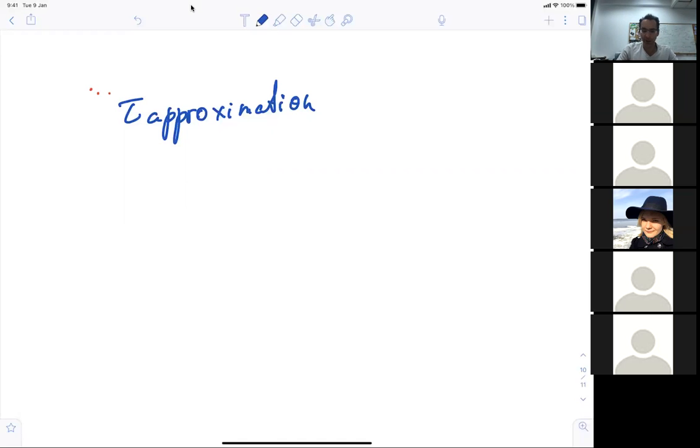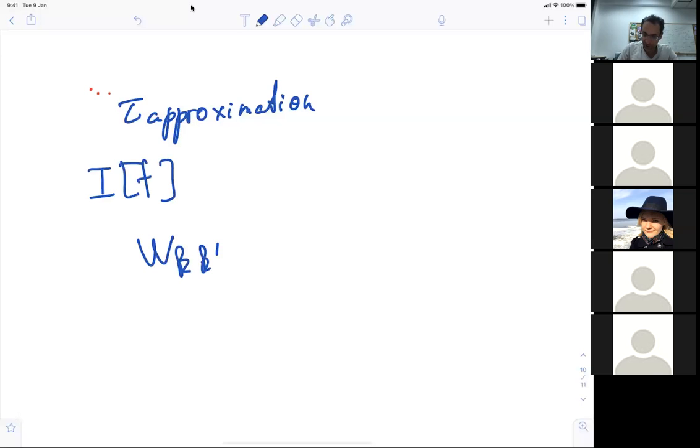Strictly speaking, scattering processes are described by a collision operator, which is linear or non-linear, depending on whether W k k prime is equal to W k prime k. But even if this is satisfied, it's a linear integral operator.